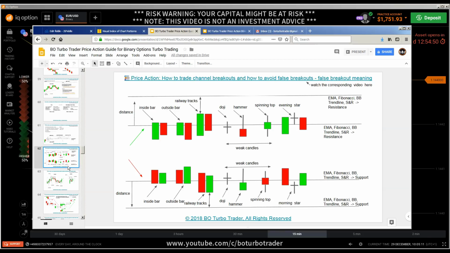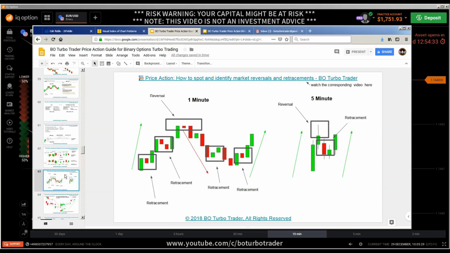You will also see in this video how important it is to understand all the different fake breakouts which can occur at any support and resistance level.